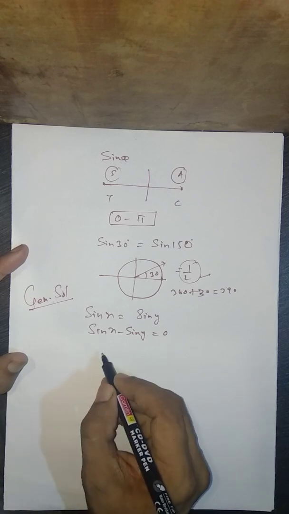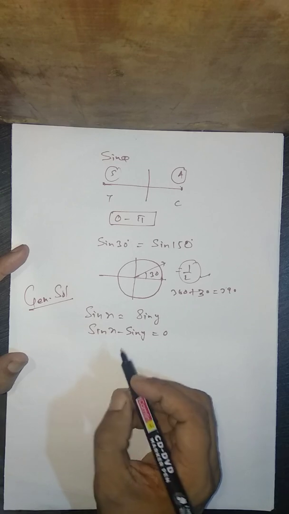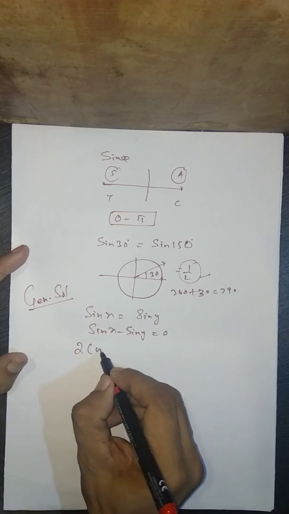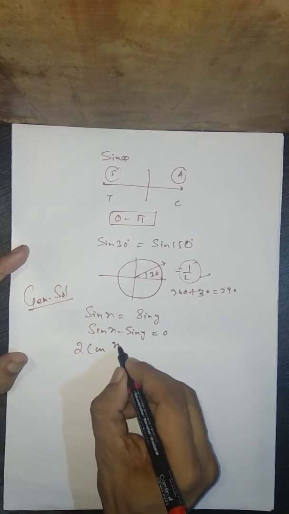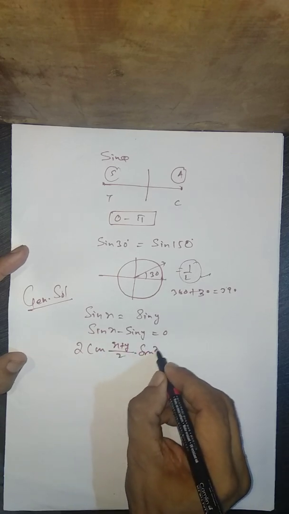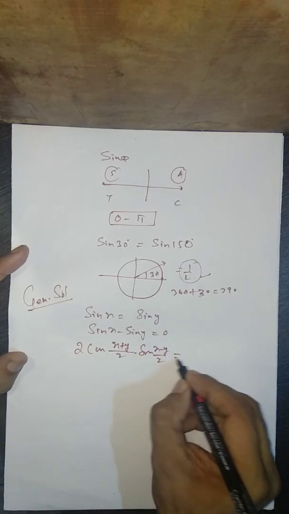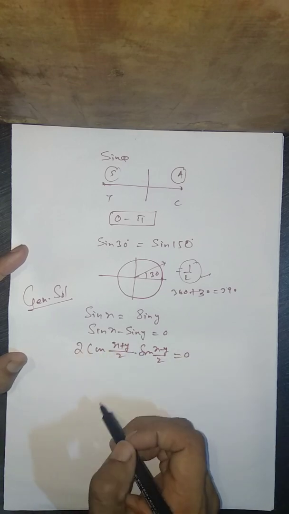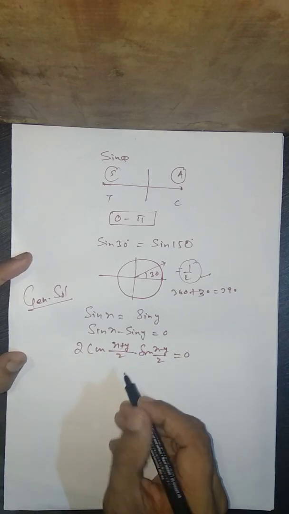Using the identity sine C minus sine D, we get 2 cos (x plus y) upon 2 dot sine (x minus y) upon 2 is equal to 0. That is the general identity of sine C minus sine D.